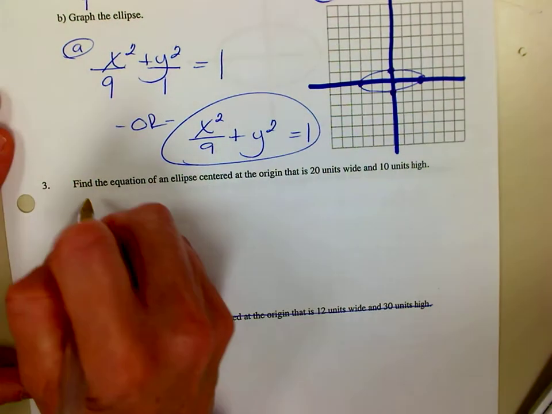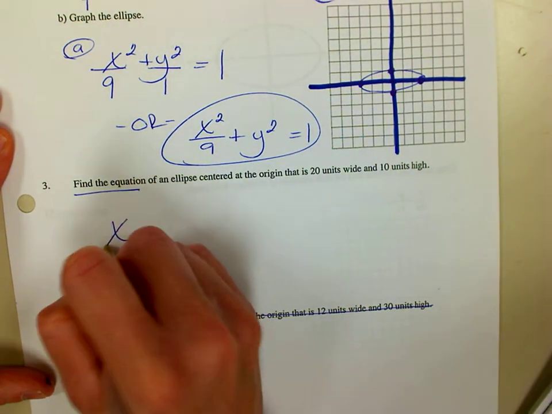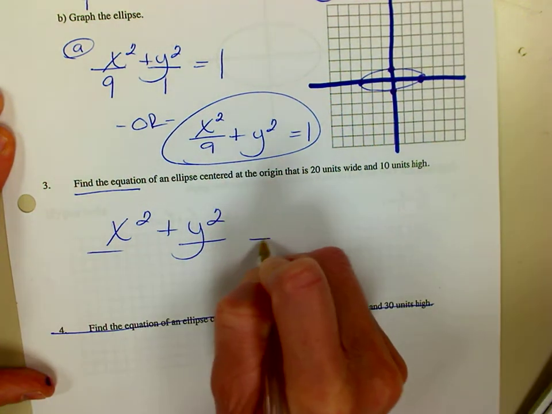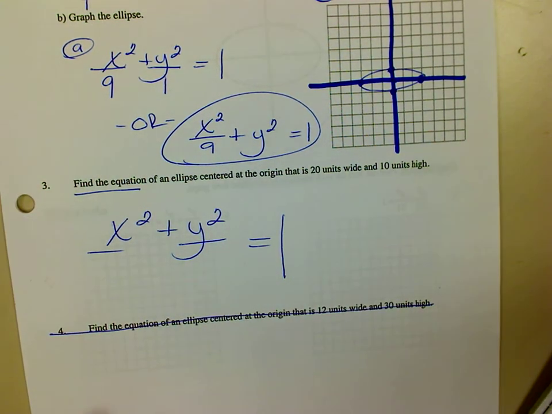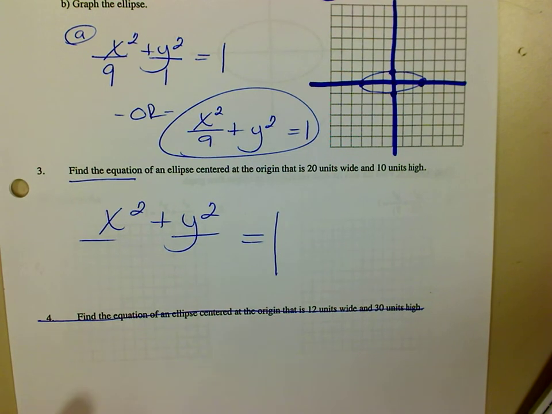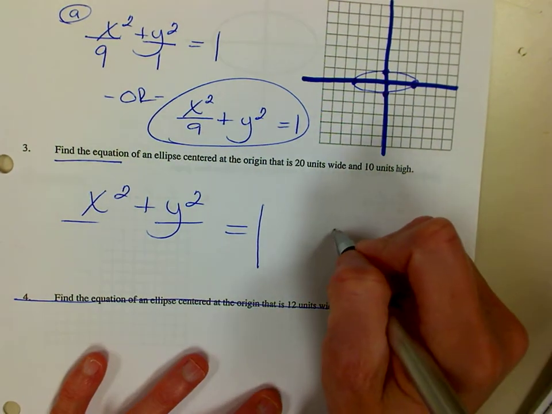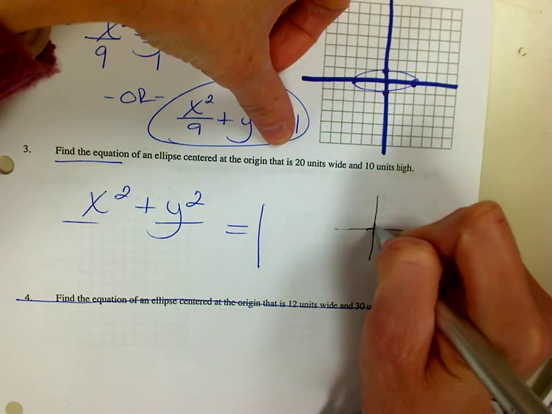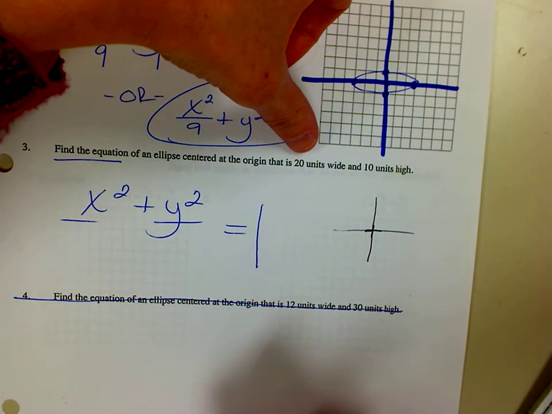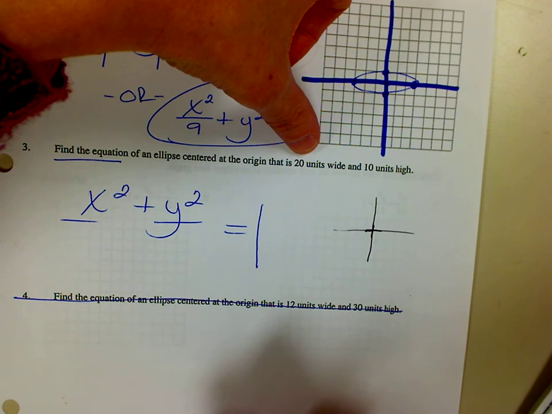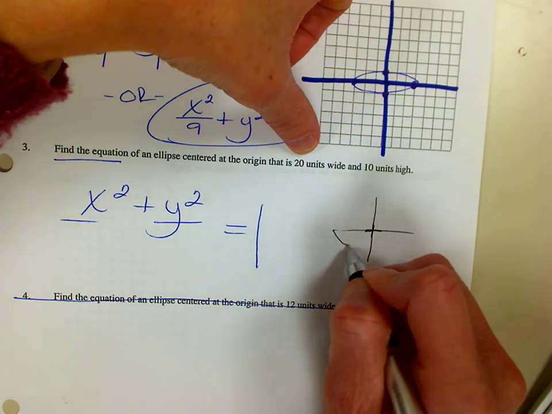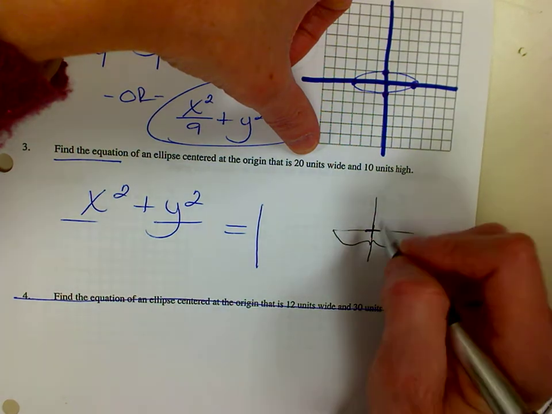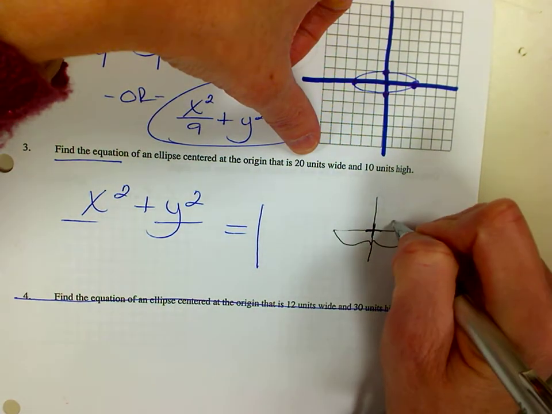Okay, so it says again to find the equations. I'm going to start it off like this. Okay, I'm going to make a little sketch over here. It says that the ellipse is 20 units wide, so maybe from here to here is 20. If all of this is 20, that means that half of it would be 10.